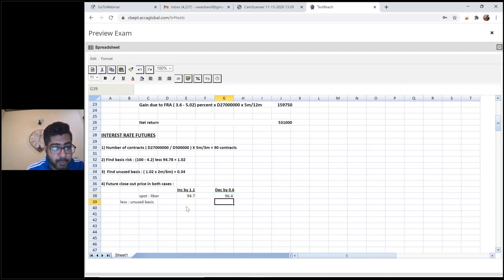So this is spot minus LIBOR and less unused basis. What is the unused basis? It's 0.34. You have just calculated that.